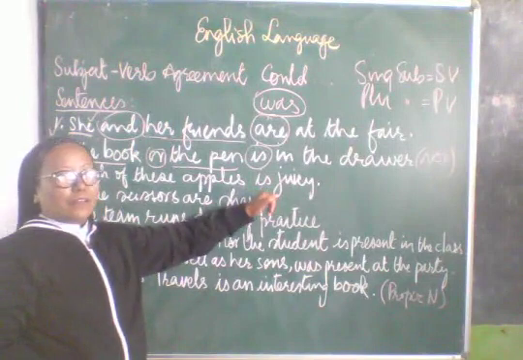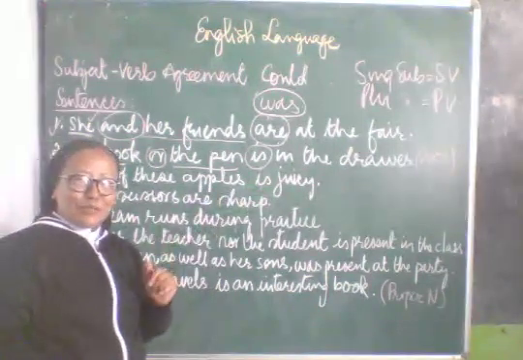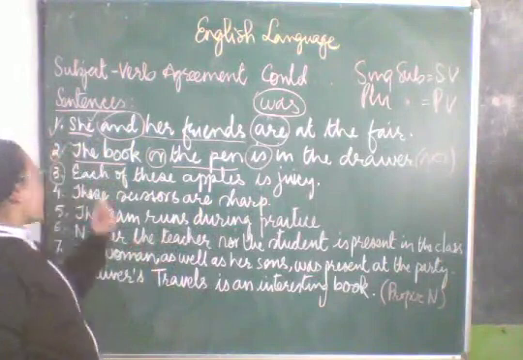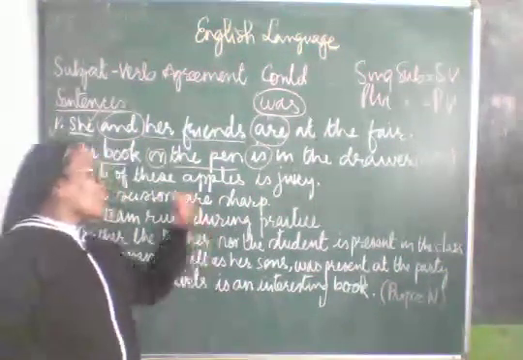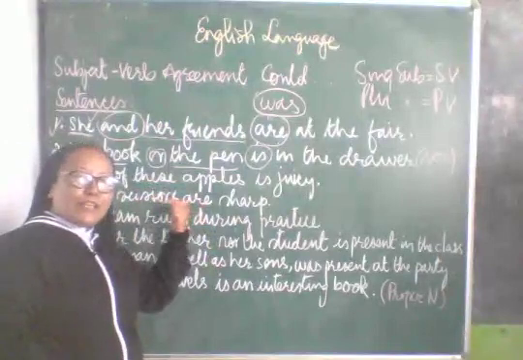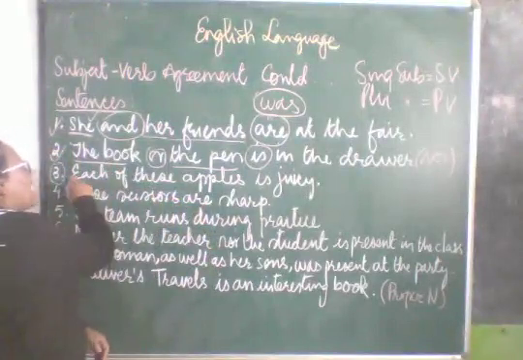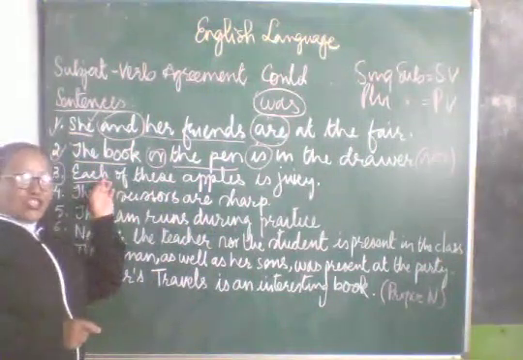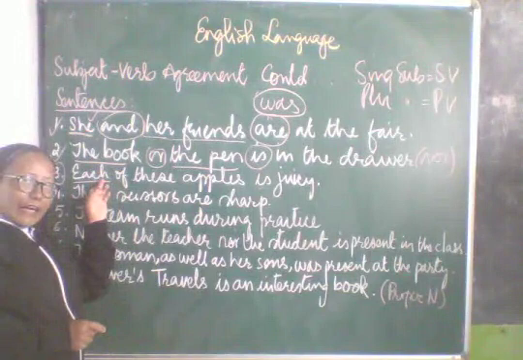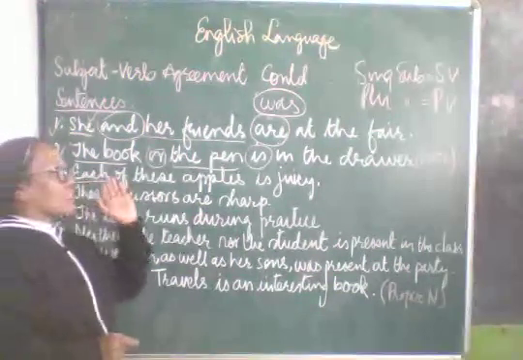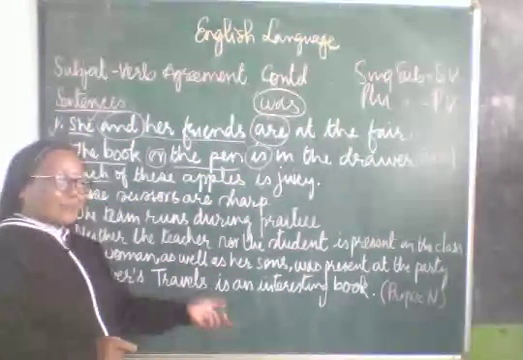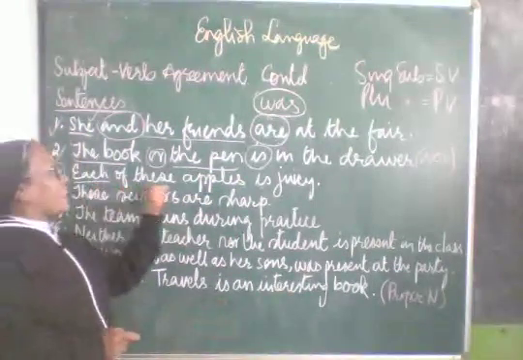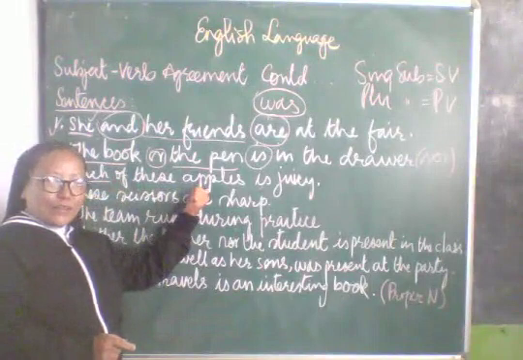Because the rule is, when we have words like the adjectives each, every, whenever I hear the word each or every, that shows this is a singular subject. So each of these apples, I'm pointing at a singular one.